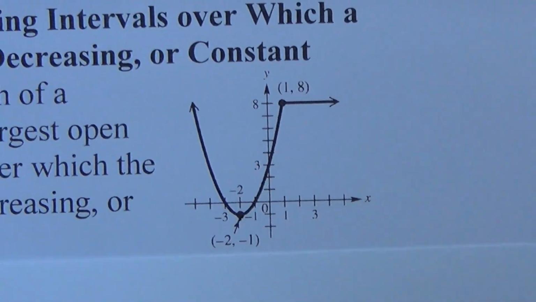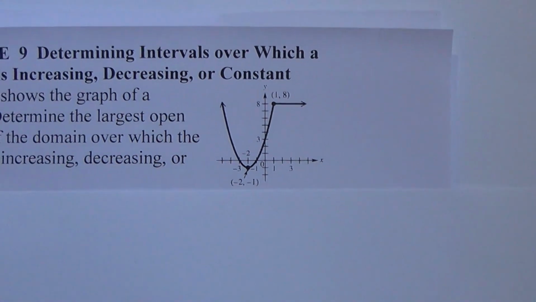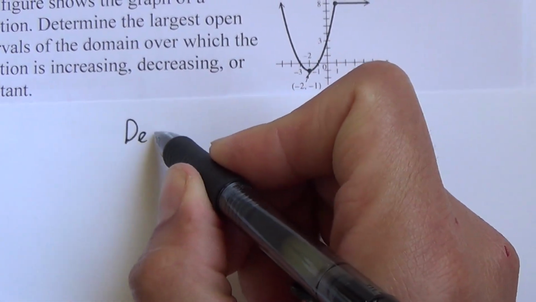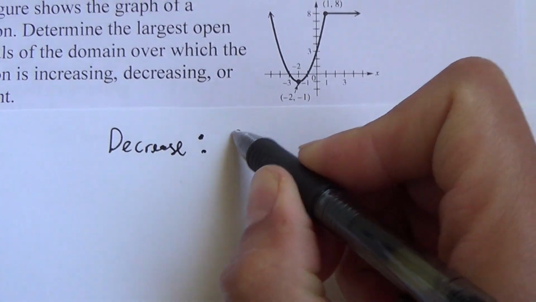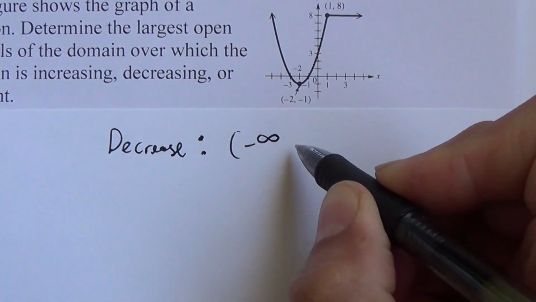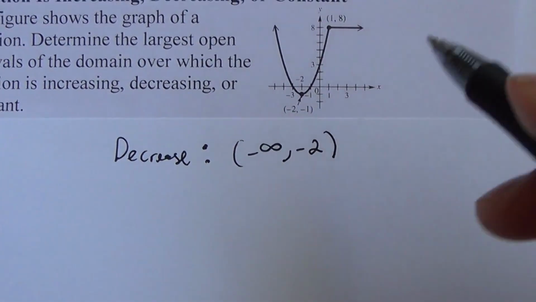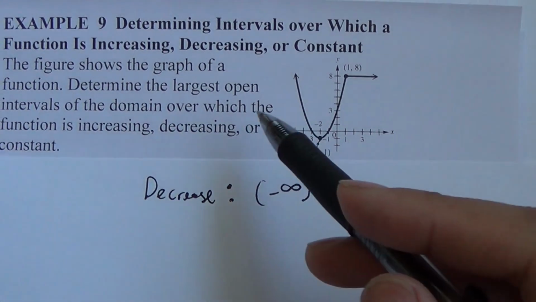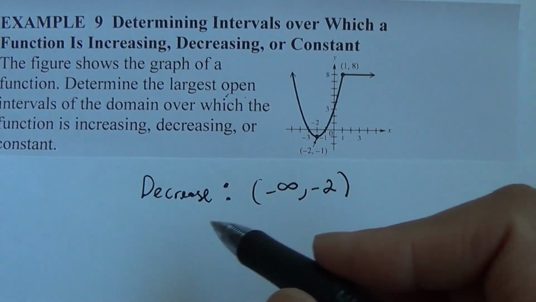So this function decreases from -infinity to -2. Notice that we're using open intervals because the directions want us to use open intervals.